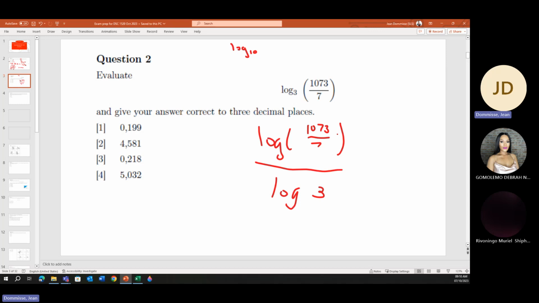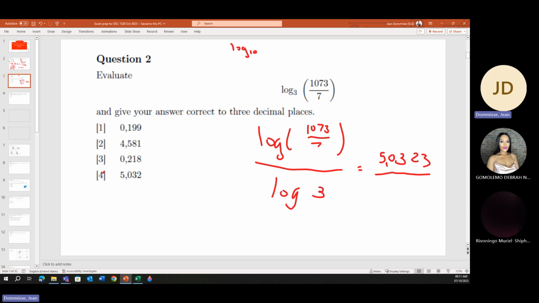My HP does not allow me to put this into a calculator, so I will first need to work out this process. If I take log of 1073 divided by 7, I get 5.0323, and just see how clever that is from them.